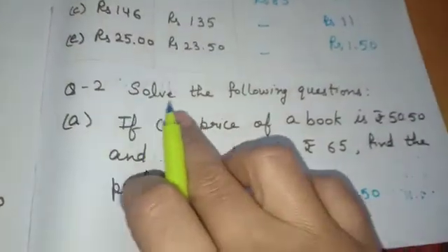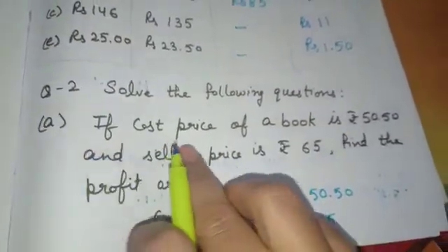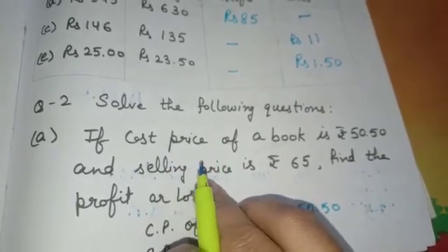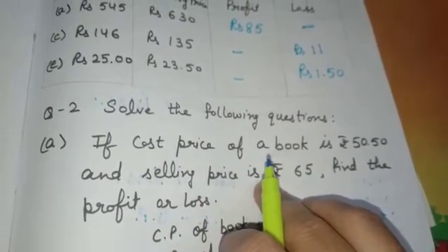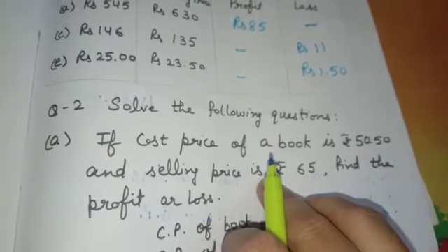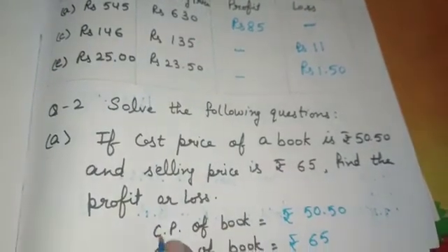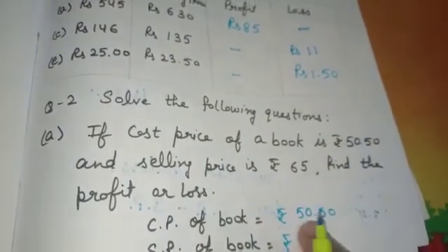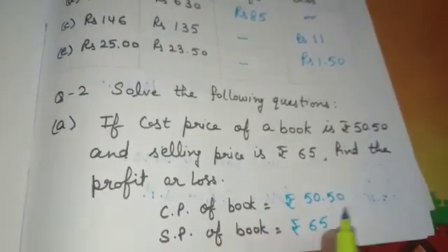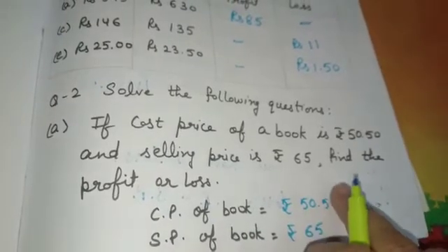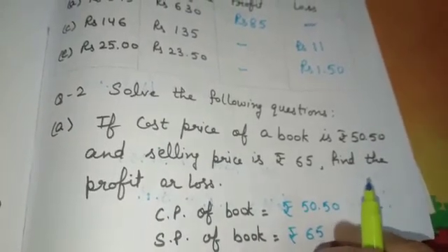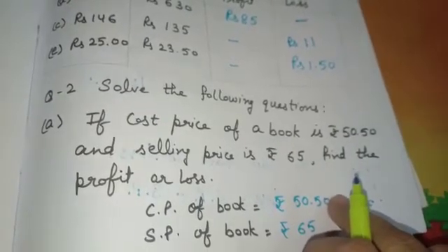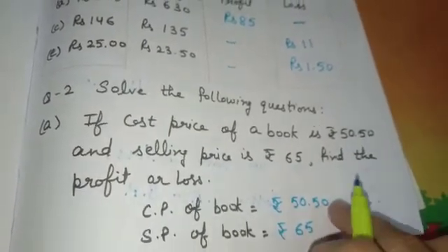Now question number 2 is to solve the following questions. If the cost price of a book is rupees 50.50 and selling price is rupees 65, find the profit or loss. The question is so simple. We just have to write the cost price, CP of the book, which is given as 50.50. Selling price of the book is rupees 65. After this step we just have to check which price is greater. Now tell me, which price is greater, selling or cost?